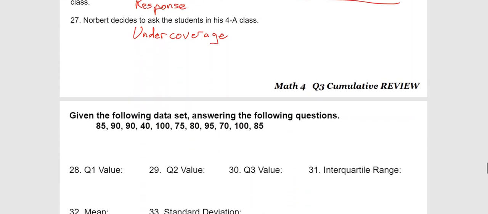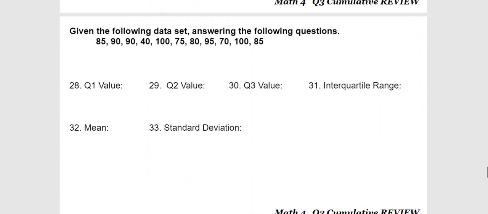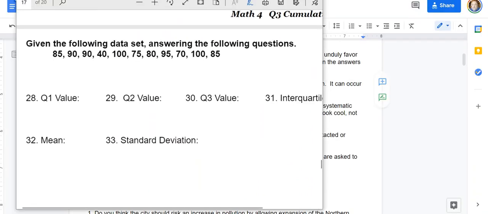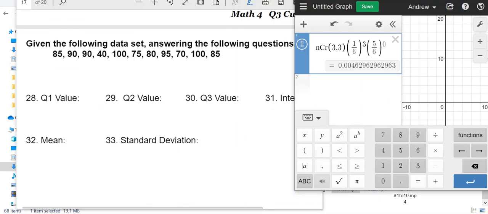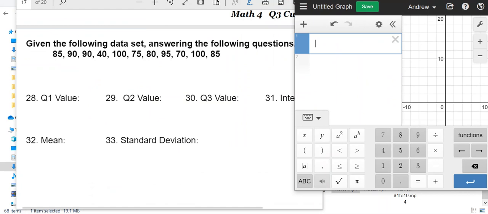All right, now we have these, which is actually kind of a review of Math 3. And honestly, this is something where we can go to Desmos to the rescue.